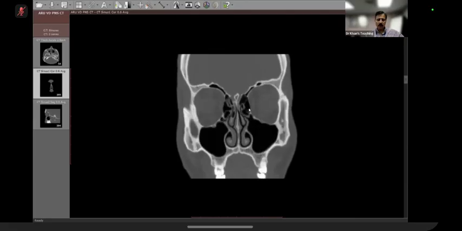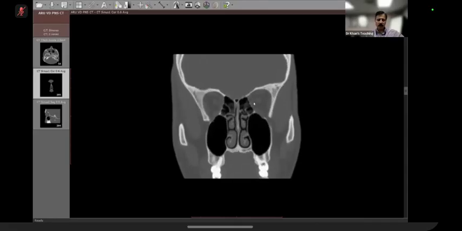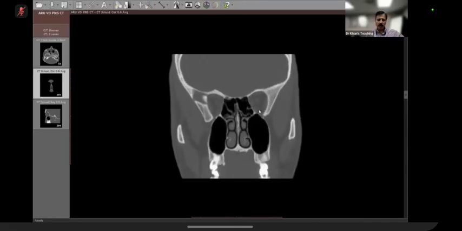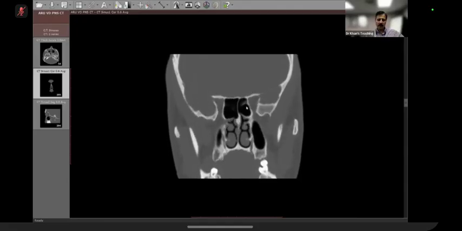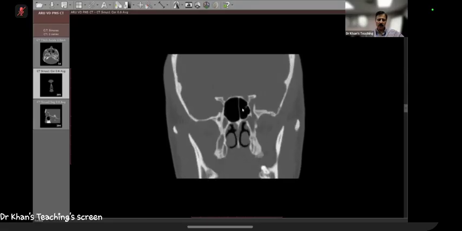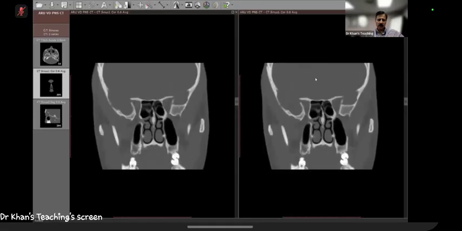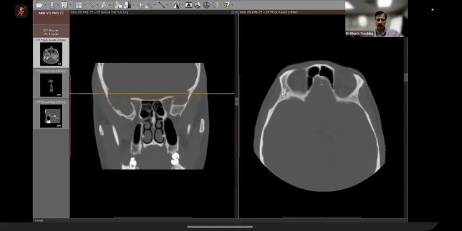Now we will continue posteriorly. The ethmoid sinus is still in view. You can see the orbit there, and then the orbit is finishing, and you have gone into the sphenoid sinus. So let's marry it with an axial sequence just for orientation.